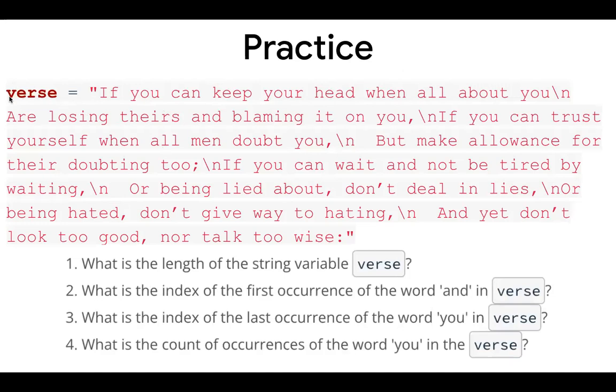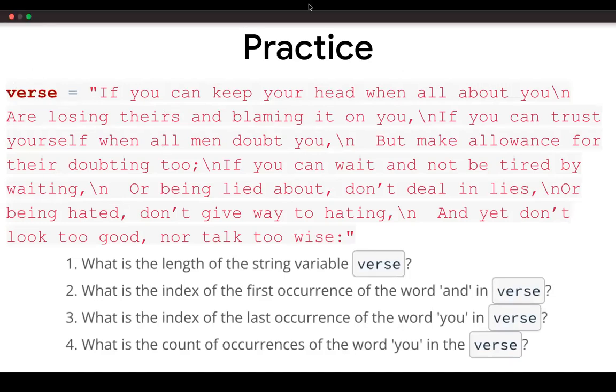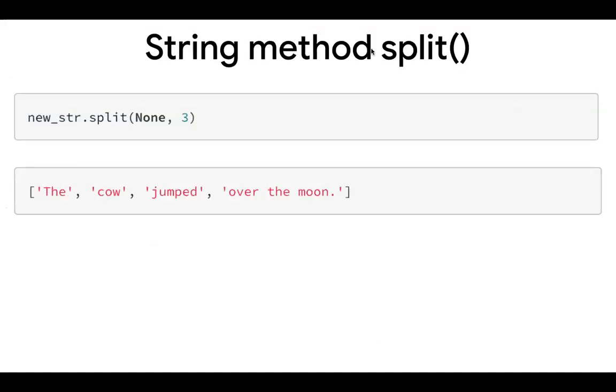Here is the variable. Sorry, can we go back again? Yeah. So this method separates at each space because it's written none, yes? Yeah. And then what is 3? 3 is the maximum, it's max split. So it's the parameter that specifies how many items we want to separate.